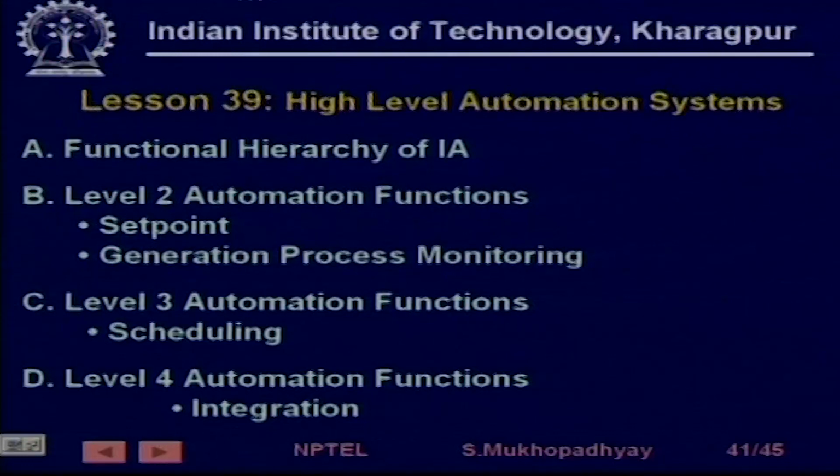Then they pass it on to the manufacturing execution systems, which in turn decide how exactly production should go with the available equipment, manpower, and raw materials, such that all the production deadlines are met. Then detailed production sequences are passed on to the supervisory controller, which then gets about producing. So, this is the way it goes on. In the last lesson we discussed these higher level automation functions.